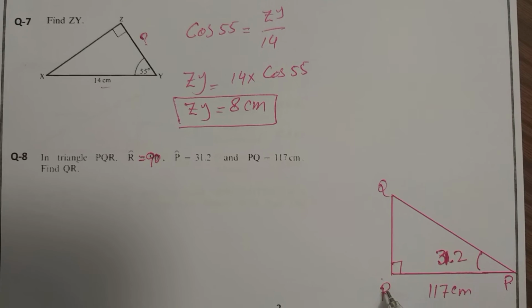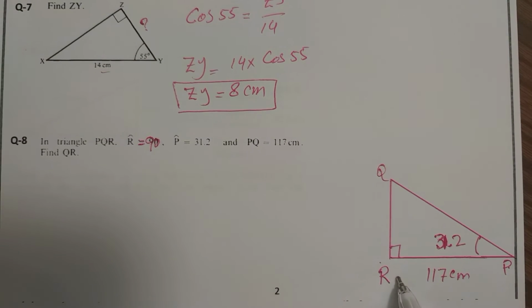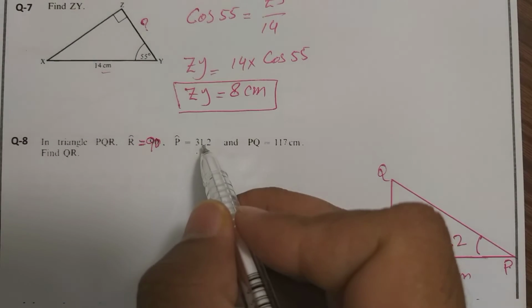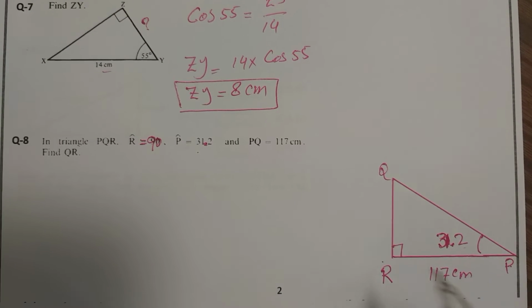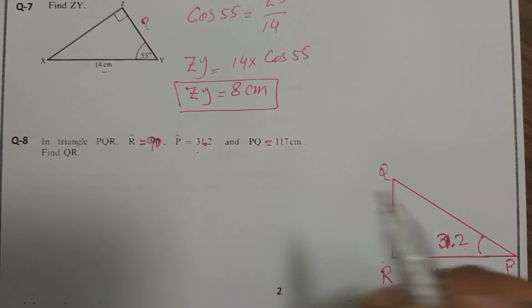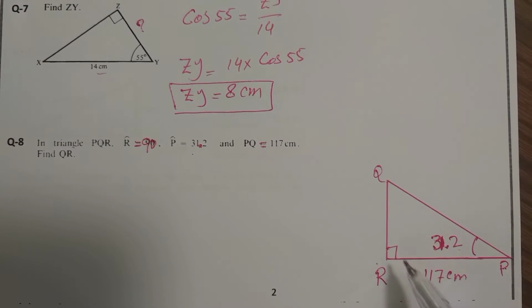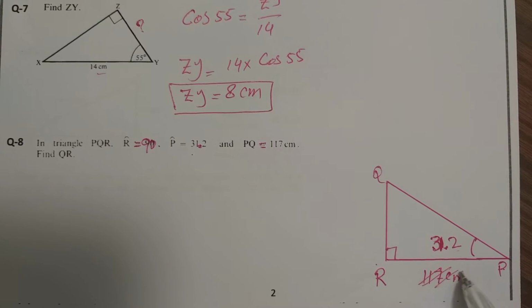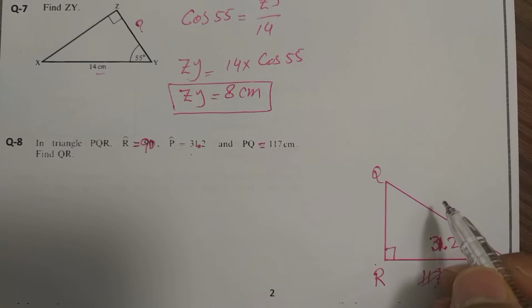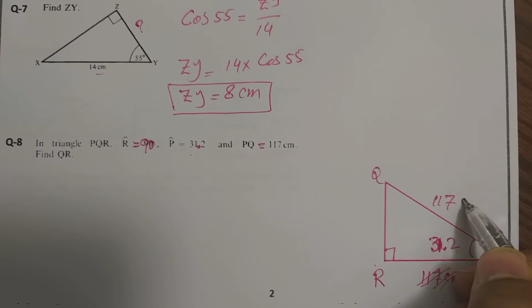I found that angle R is 90 degrees, and angle P equals 31.2 degrees. So I mentioned the angle P here. We are given the length PQ, which is 117 centimeters.